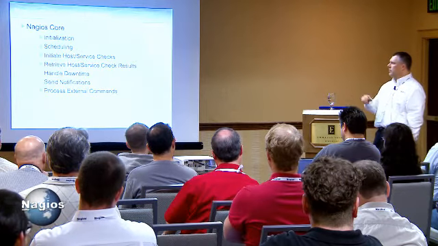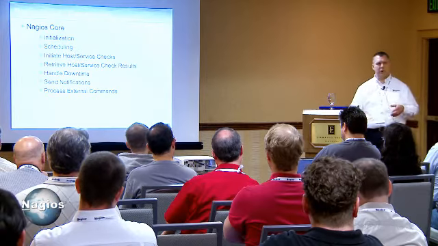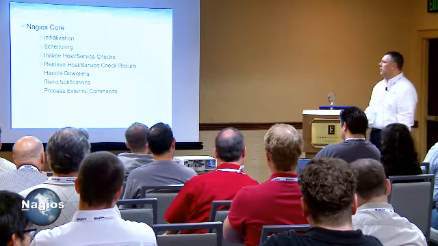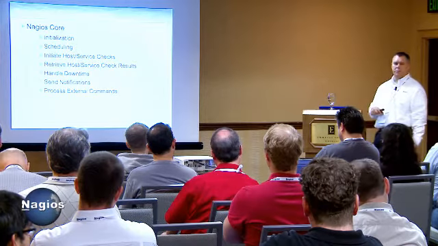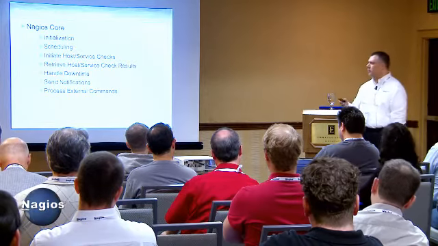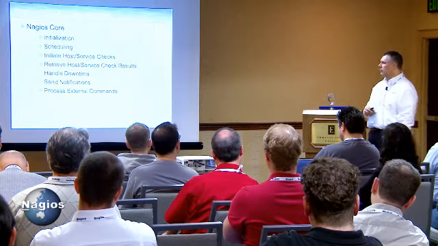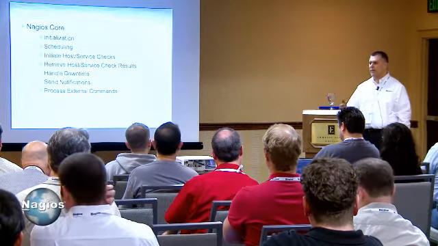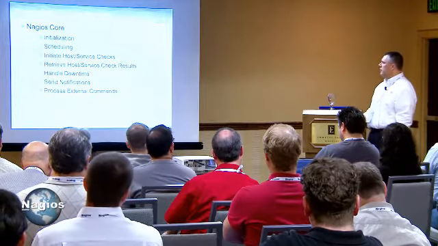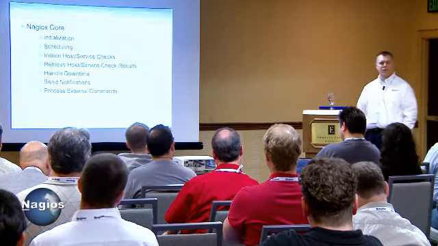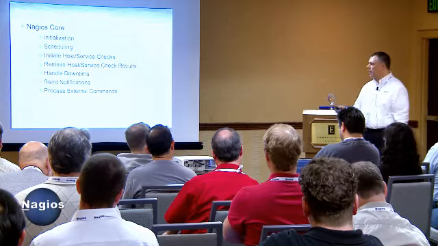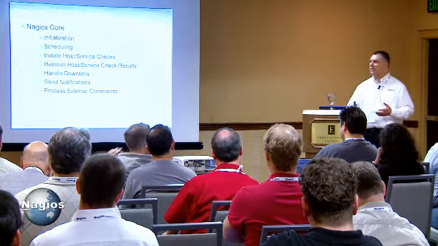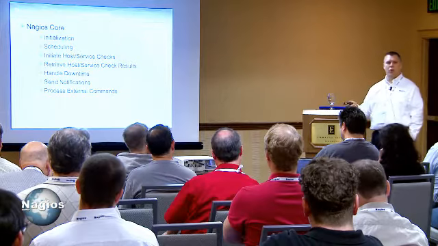And then when the service check is done, it grabs the results and updates its internal view of your environment. It handles downtime. So if you're in a downtime and you run one of these host or service checks and it reports a problem, it has to know that you're in a downtime so that it can not send out notifications as appropriate. Or if you're not in downtime, then it also sends out notifications. Another thing that it does is process external commands. So you can see there's a lot of things that Nagios Core has to do.